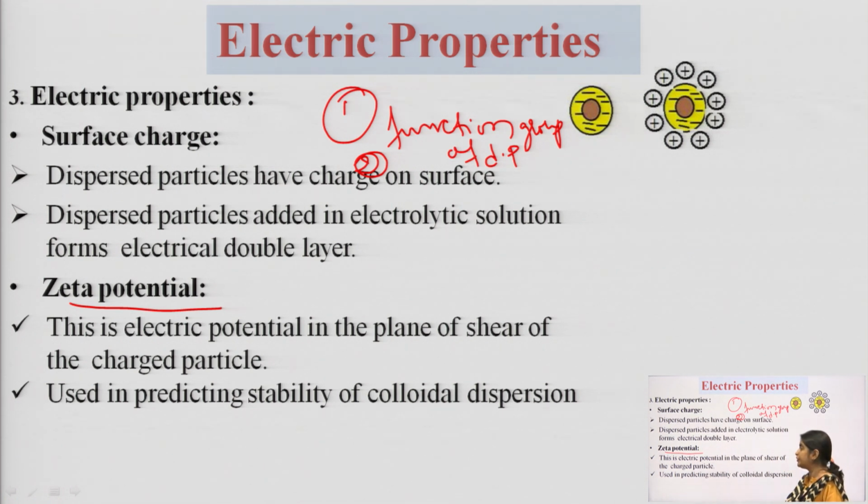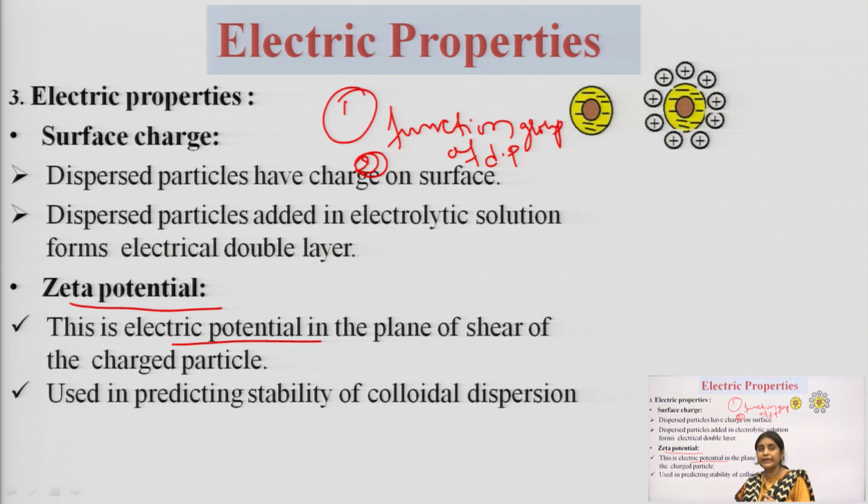Actually, zeta potential tells us about the electric potential which is present across the plane of shear and the electroneutral region.